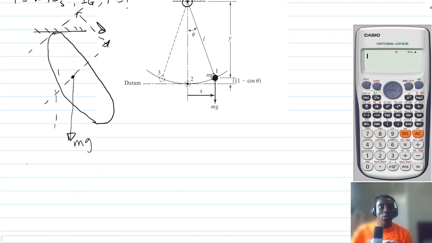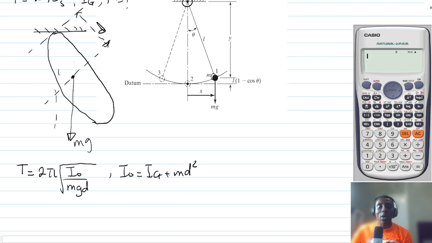For a compound pendulum, the period is given by 2 pi the square root of I naught divided by mg multiplied by d, where I naught is Ig plus m d squared. Ig is the mass moment of inertia about the centroidal axis, and you add it to mass times the distance from the pivot to the centroidal axis, or the center of gravity.